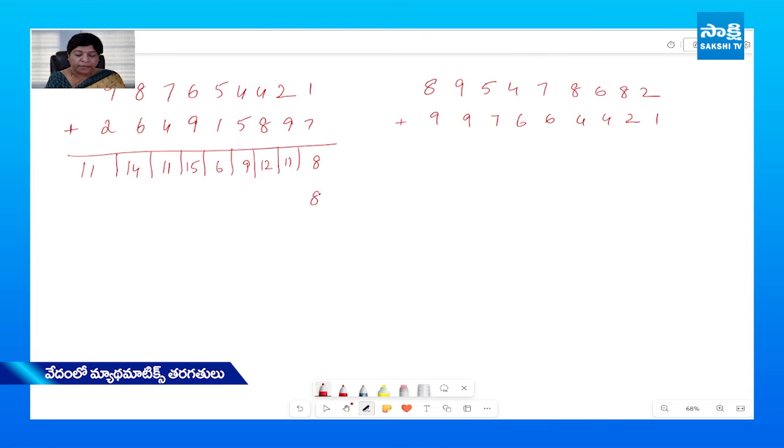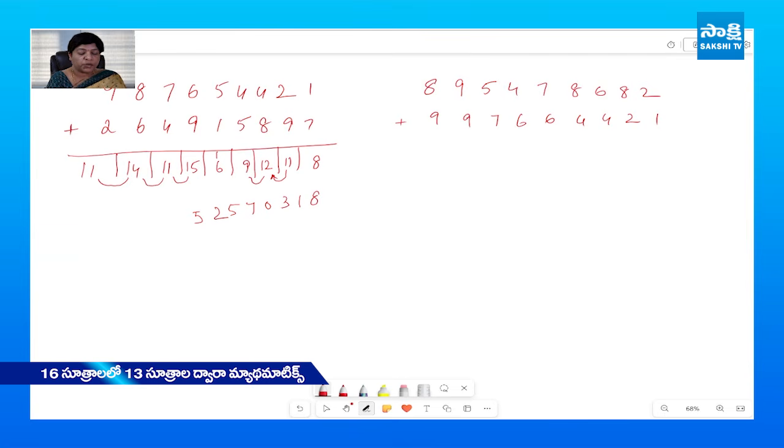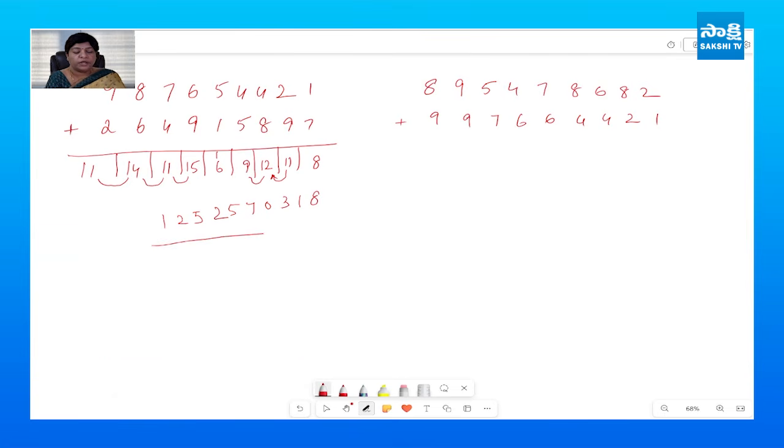I retain 8, drop 1, add 1 to 2, which is 3, add 1 to 9, which is 10. So there's a carry of 1. So 6 plus 1 is 7. I retain 5, carry 1 to the next level. So 2, 1 plus 4 is 5, and then 1 plus 1 is 2, and then 1. So the answer to this is 12525703118.